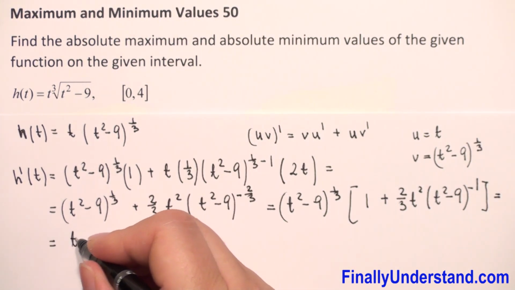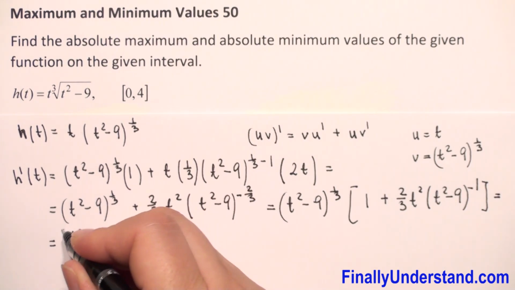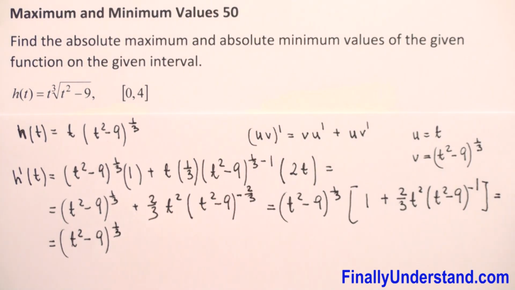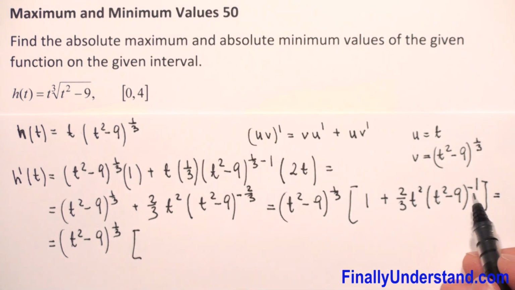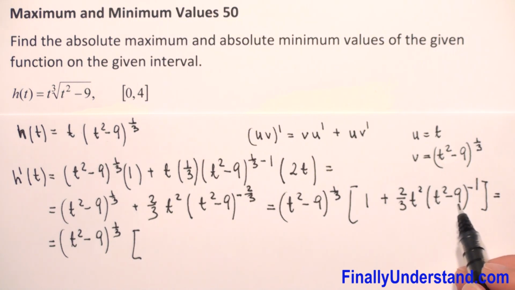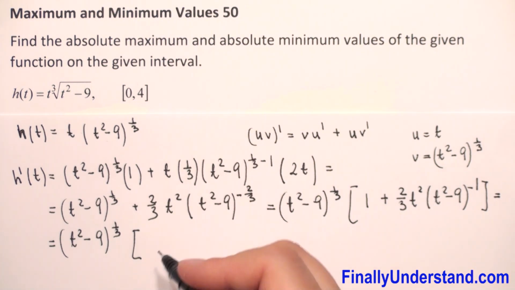So this is equal to t squared minus 9 to the power 1/3, and in parentheses, because we have a negative power, I have to put this whole expression in the denominator.